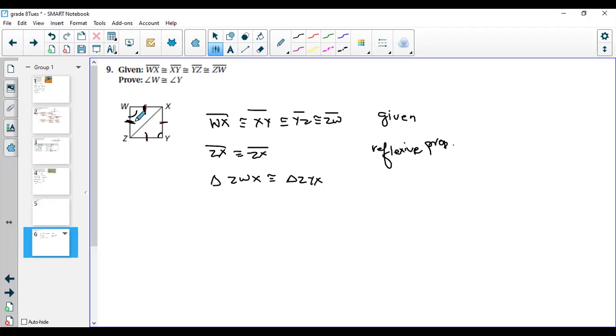We have used side, side, side. So S, S, S. Now can we say that angle W is congruent to angle Y? Yes, we can say angle W is congruent to angle Y because the corresponding parts of congruent triangles are congruent. So once you prove that the triangles are congruent, then the remaining parts become congruent too.